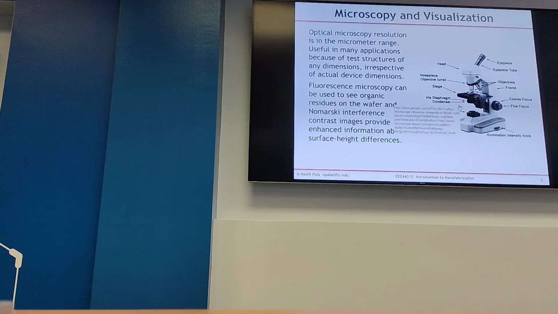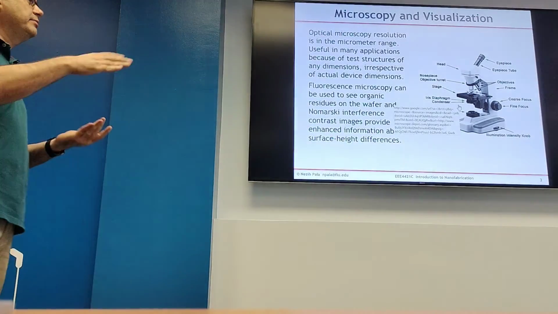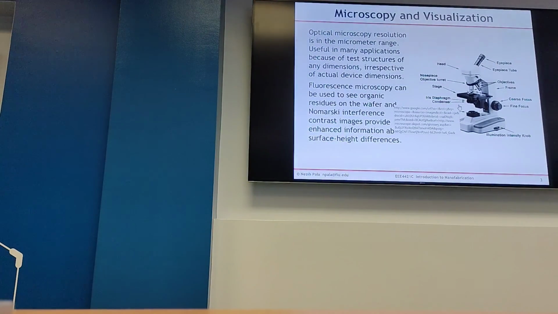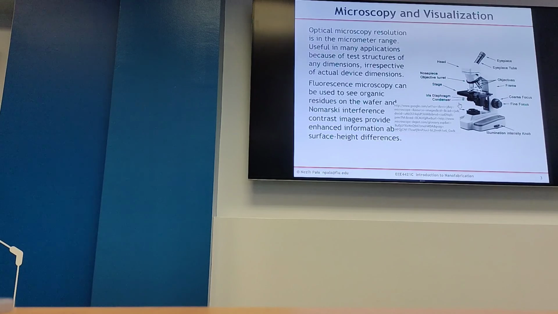Of course, now we have learned so far the patterning. So you will spin resist and then transfer your pattern using mask, etc. Now you have fine features, right? You want to see.